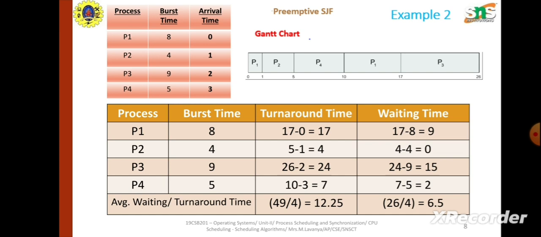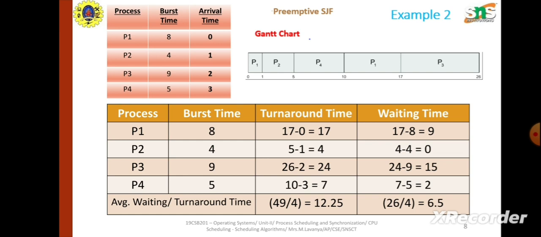Then at the time of 5 milliseconds, all the processes will be waiting in the waiting queue. So the burst times of all the three processes P1, P3 and P4 will be compared. The process P1 currently has a remaining burst time of 7 milliseconds, P3 has a burst time of 9 milliseconds, and P4 has 5 milliseconds.